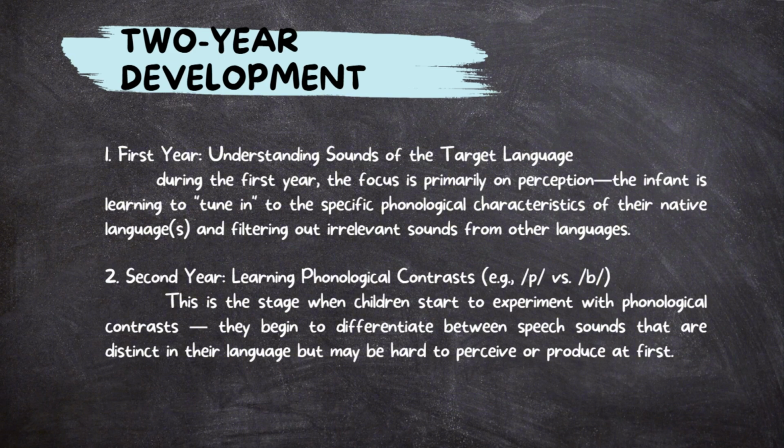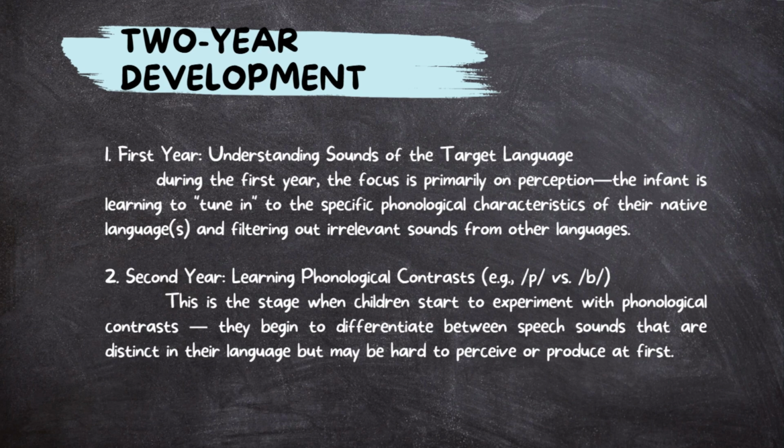For example, English-learning infants may stop distinguishing between the R and L sounds as they learn that these are not separate phonemes in English, while infants exposed to a language like Japanese may retain the ability to distinguish them.